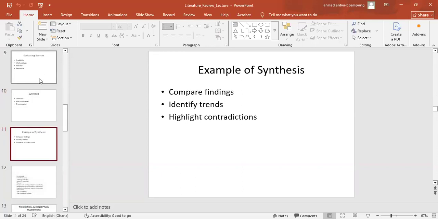So an example of such synthesis can be what? Comparing findings. For example, now out of 20, 30 papers that you reviewed, the findings that came out were A, B, and C for this study and that study. So therefore, right, your synthesis can also identify trends. The trend is that the papers you have looked at mostly come from the Western countries.